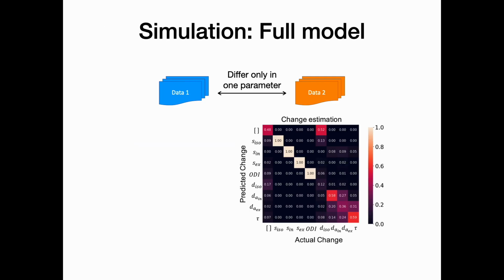We then repeated the same analysis, but this time using the full model where all 8 free parameters can change. This confusion matrix shows the Bench results. Bench could reliably detect changes in signal fraction parameters and fiber dispersion, though there was some confusion for diffusivities. We then tried to do the same analysis but with the conventional approach.